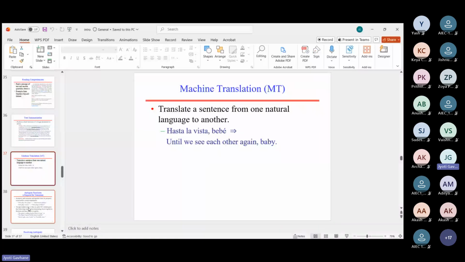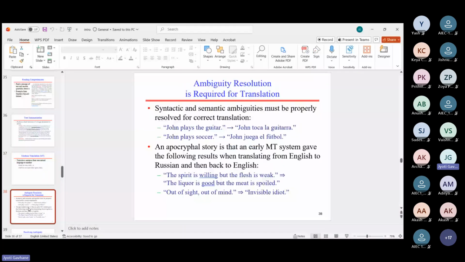Now ambiguity resolution is required for the translation. Syntactic and semantic ambiguities must be properly resolved for a correct translation. So John plays the guitar, John toca la guitarra. So this is the different language which has been written. John plays saucer, again the different language translation.